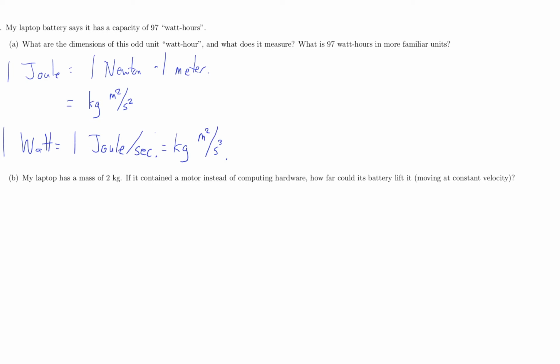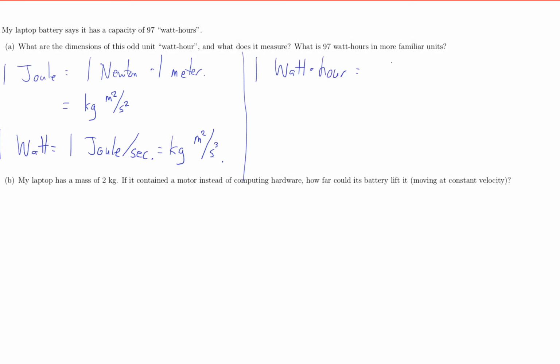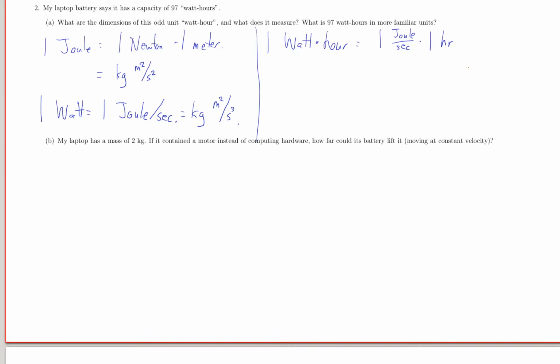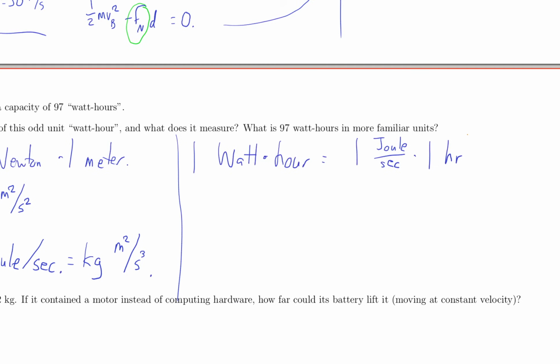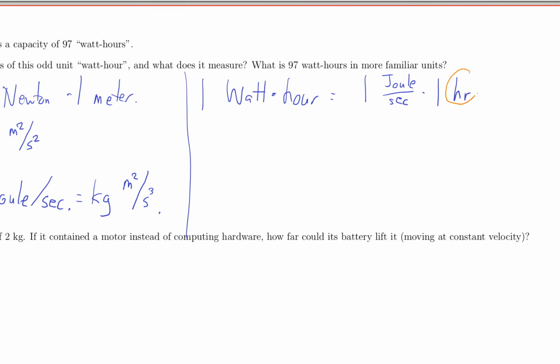So a watt times an hour. So 1 watt hour is 1 joule per second times 1 hour. Now I have to convert an hour into seconds to cancel these. So obviously I have 2 units of time. This is a unit of time.